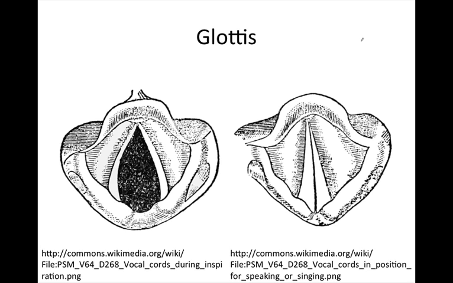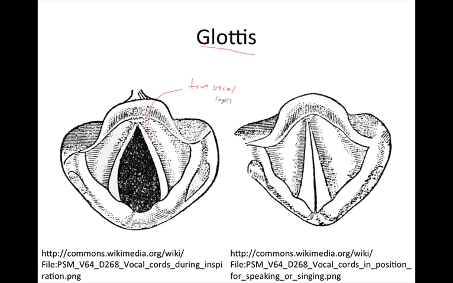Now, this is the superior or upper aspect of the larynx, called the glottis. Here, this is what we would refer to as your true vocal cords. These bands of tissue here, we call your true vocal cords.